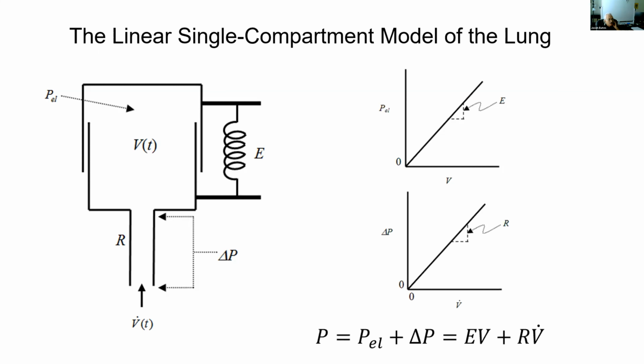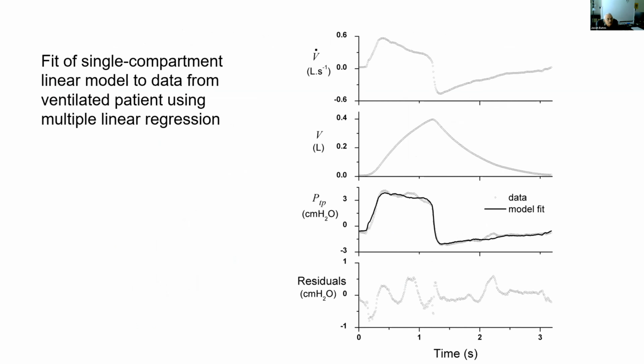And that structure then has a very simple first order linear differential equation of motion, which says that the pressure you apply to it is equal to the sum of the pressure drop across the pipe plus the elastic recoil pressure inside that unit. And it's characterized by two adjustable parameters, E and R, just as we heard about before, elastance and resistance. Now, that incredibly simple model, a lot of the time, works surprisingly well.